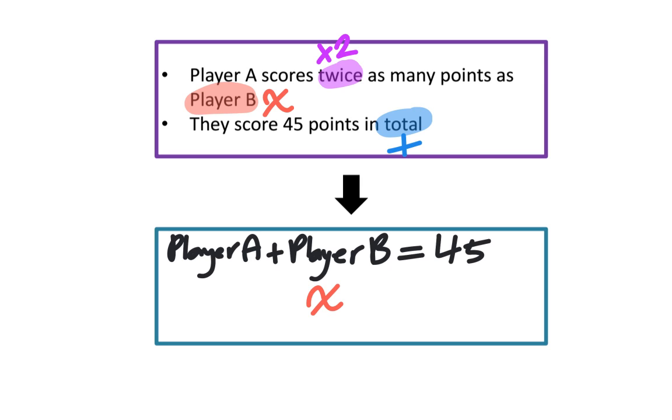We also know that player A scores twice as many points as player B, so we can represent this as 2x. The addition sign is going to stay the same, and the equal 45 is going to stay the same. Therefore, our final equation is 2x plus x is equal to 45.